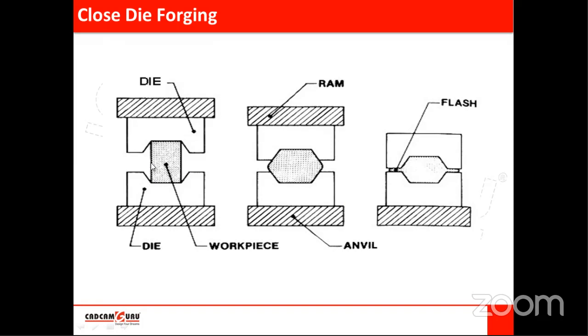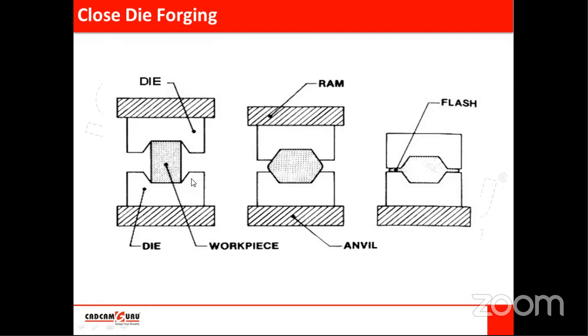So in mass production, we can get similar shapes if we use hammers of different shapes. As per the desired shape of the workpiece, we create the hammer, and it is called a die. We use such dies, or you can say shaped hammers. This is the workpiece.